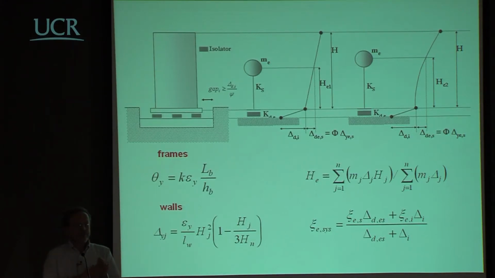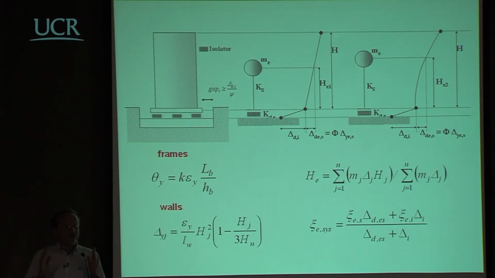But then there is the other aspect that you have to consider. The other aspect is that now the total damping is not the damping of the isolation system. It's the combination of the two damping. And this combination is a function of the relative displacement.